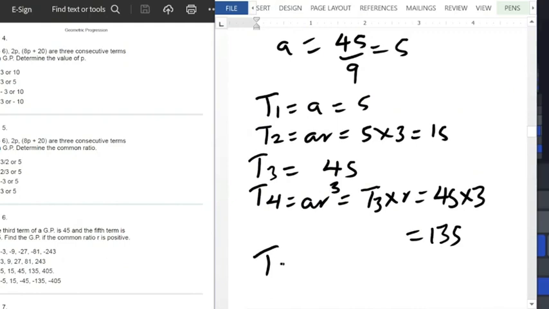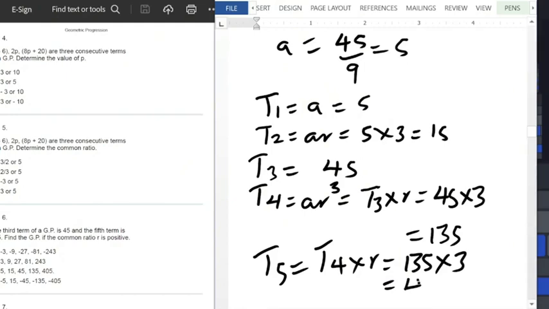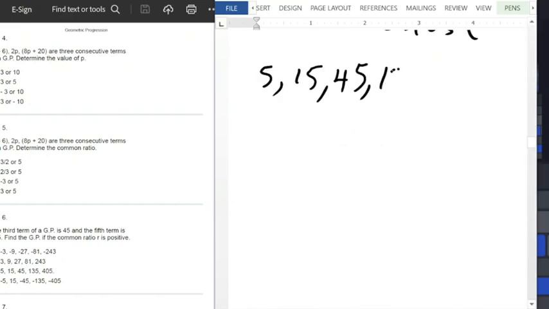Then T5 equals T4 multiplied by r, which is 135 multiplied by 3, which equals 405. So the sequence is given as 5, 15, 45, 135, 405. So the answer is option C.